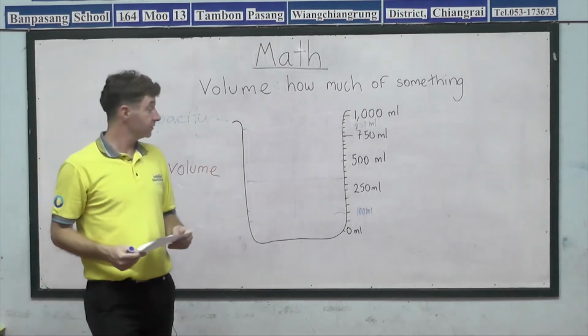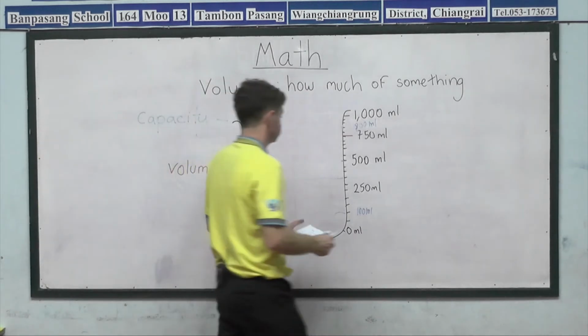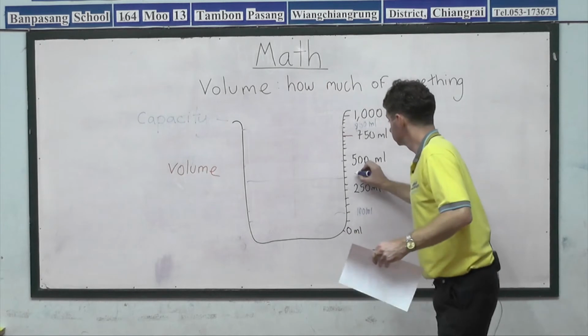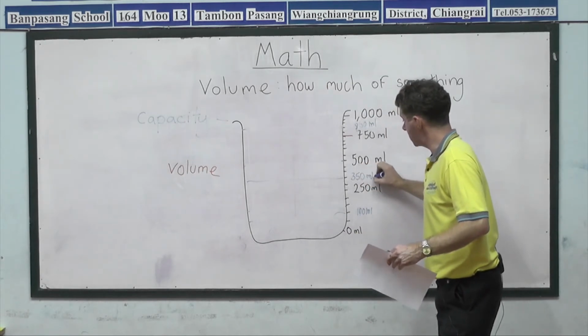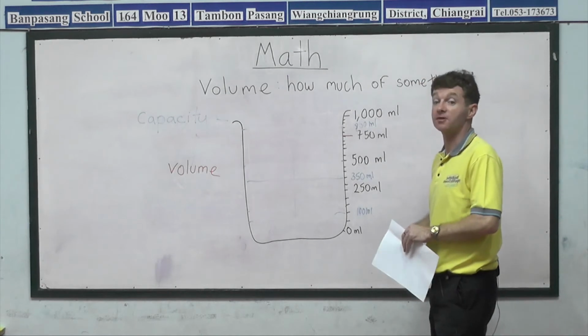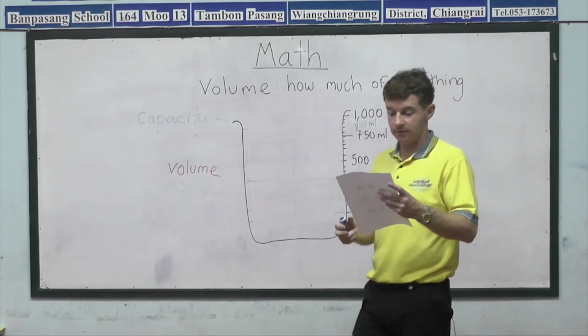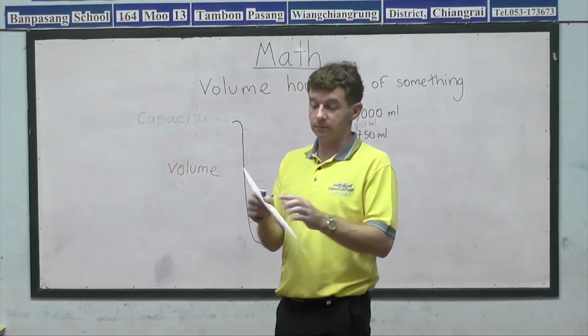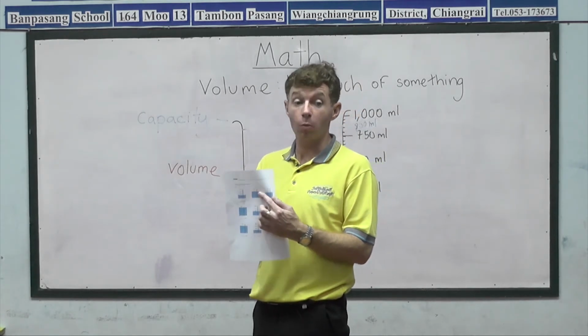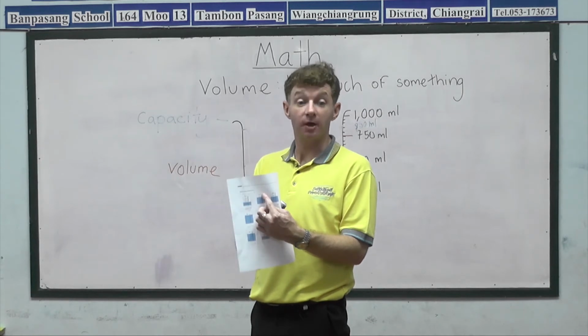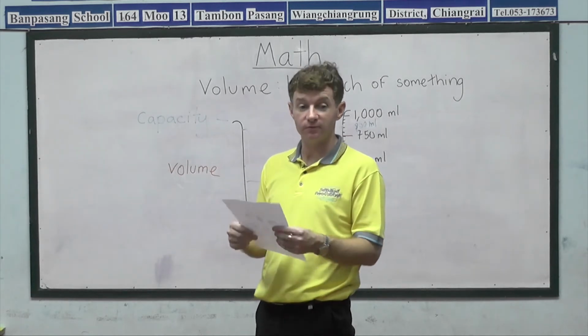The first one, 350 milliliters, because we're counting up in 50s. But be careful, the next one is 2,000 capacity. So you need to work your volume based on the capacity of 2,000.